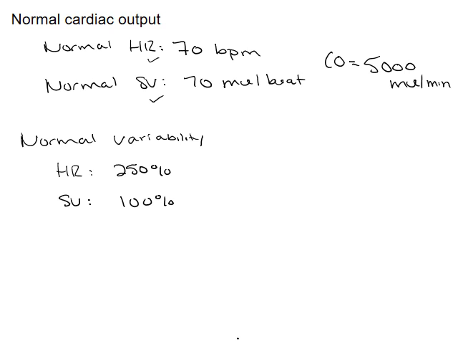So 250%, 70 times 2.5, that would take us upwards of 200 beats per minute. And if we doubled our stroke volume, if we increased that by 100%, that could get up to about 140 mils per beat. And so those are kind of the normal ranges that we see for cardiac output.